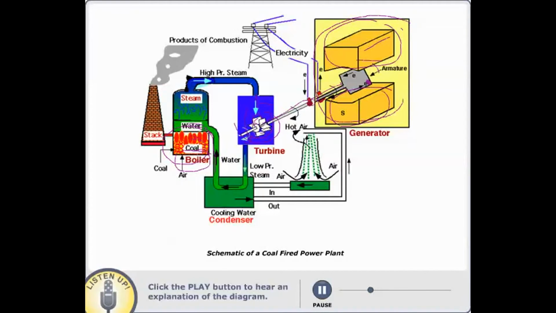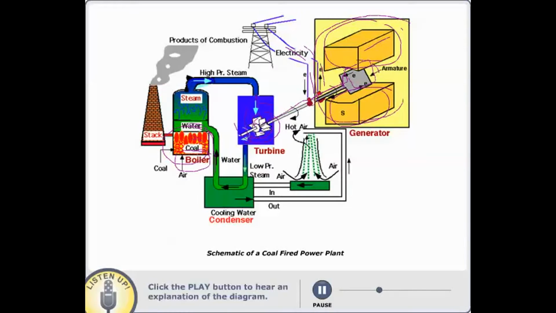In between these two poles, this electrical conductor, a copper wire which is turned many rounds around the armature, turns. The two ends of this wire are hooked up to a load or to a transmission line. So when this conductor is turned in a magnetic field, you get electricity.